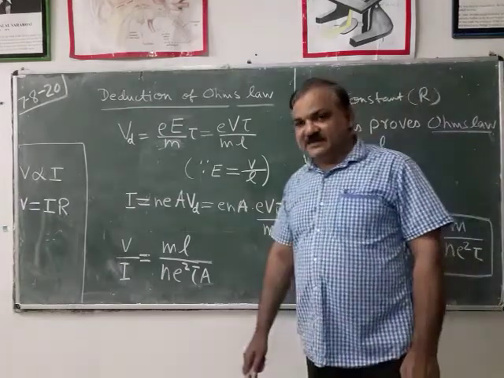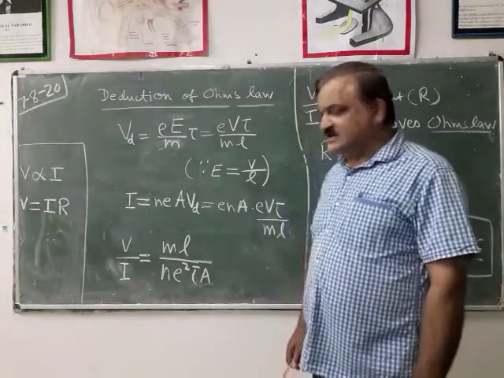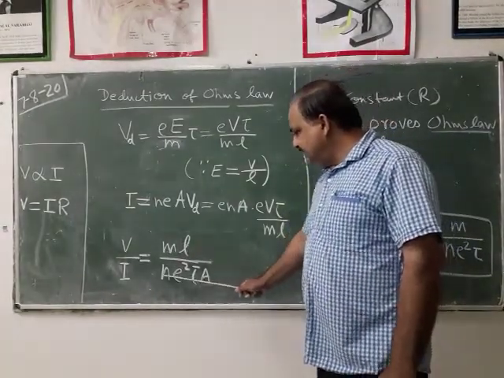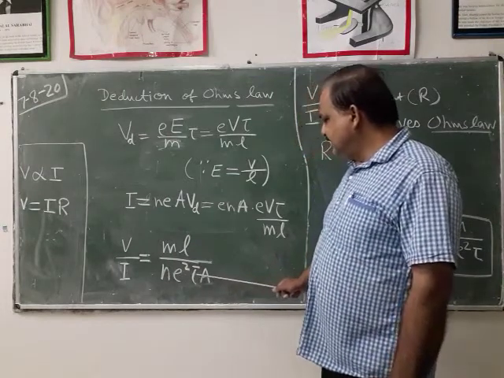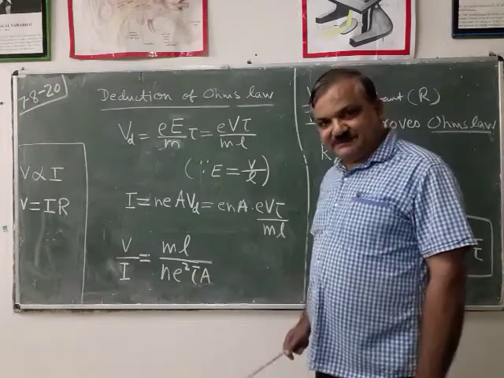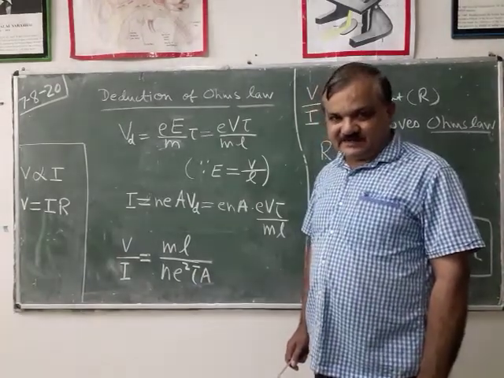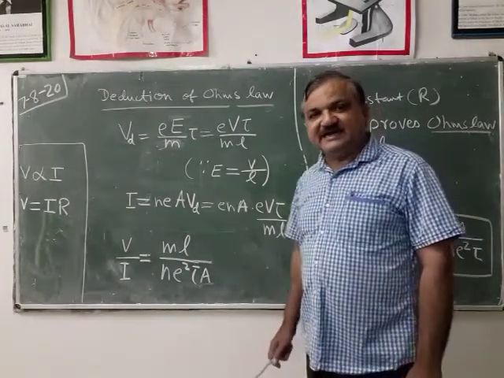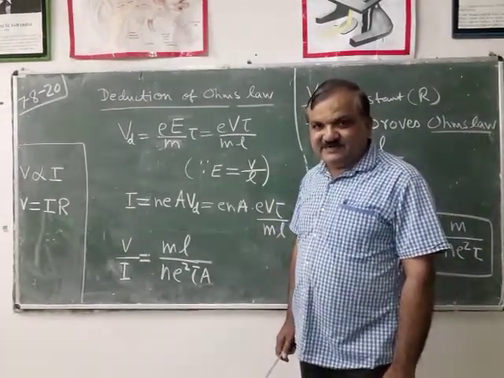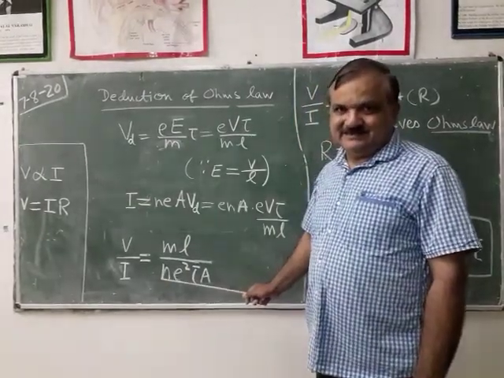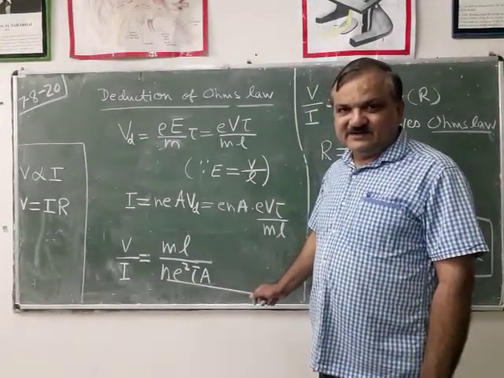Now, for a given conductor, the values of m, L, n, e, tau, and A are the same. For a given conductor, these values are the same at a given temperature. At a given temperature, these values are constant.